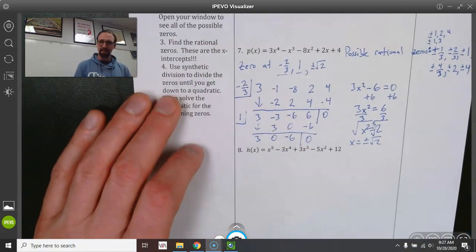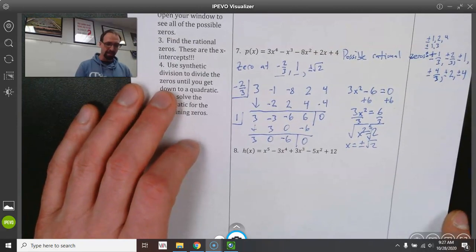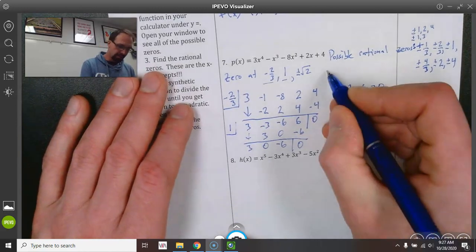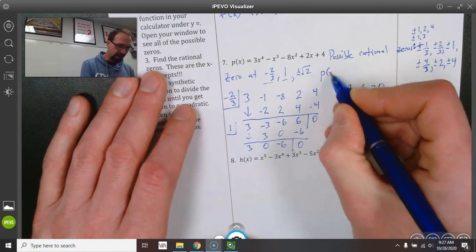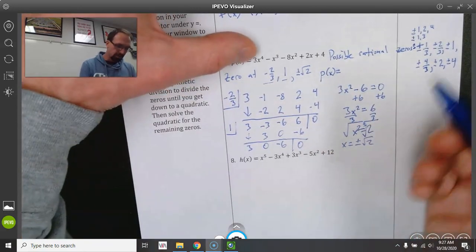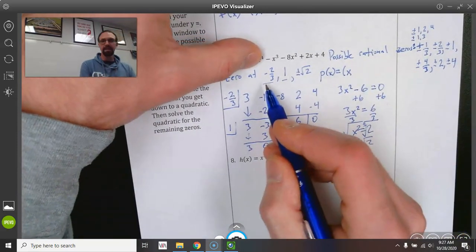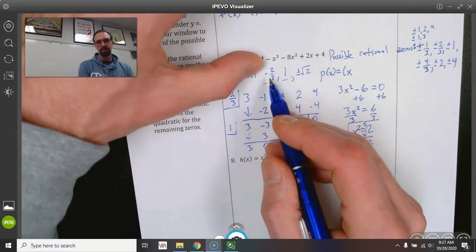We do want to write it in completely factored form. So again, that last part is then putting it into factored form. So this is going to be p of x is equal to, so here I have x, this negative 2/3 also throws off students.